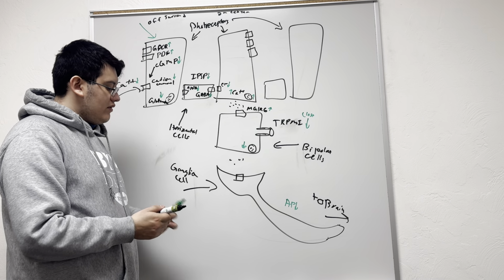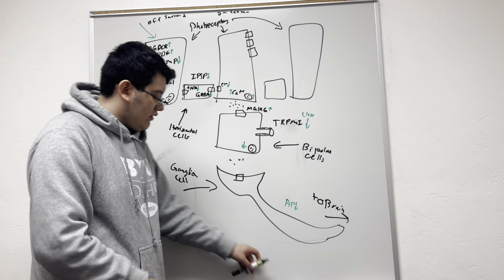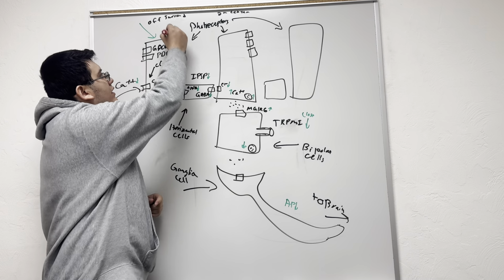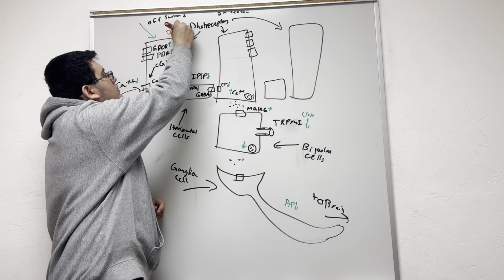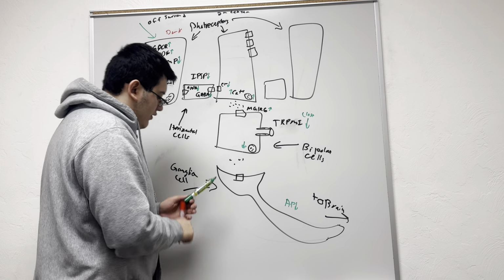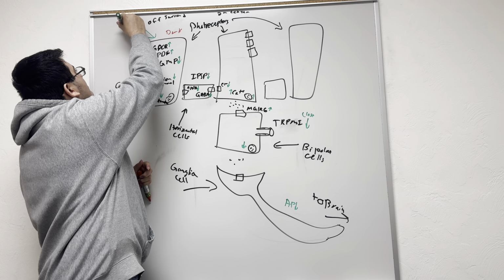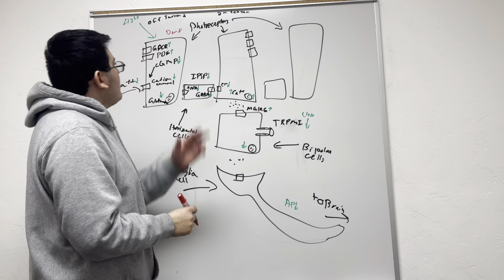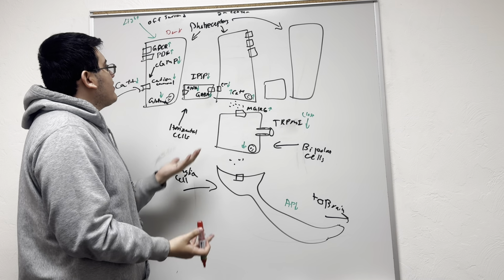And so what would happen if we do now the opposite? Instead of light coming in, it stays dark. Sorry, I forgot to put light here. So if it's dark here, it's going to cause the opposite reaction.